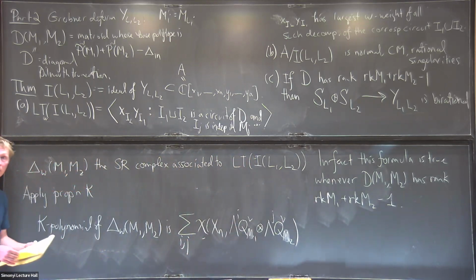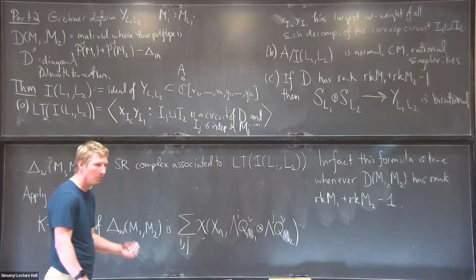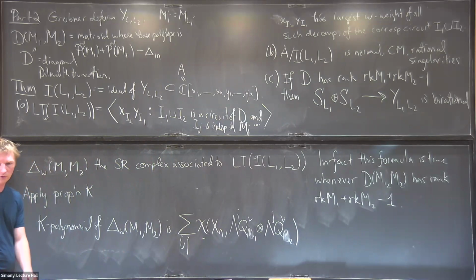Okay, I've got just a few minutes left. Oh, I've got 10 minutes left. So now I want to talk about how to extend this result to all matroids, not just matroids that are realizable over a field of characteristic 0.